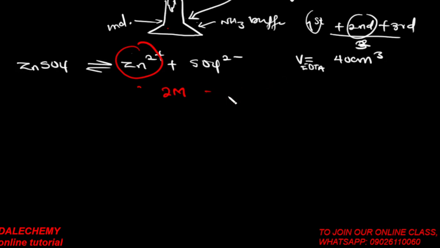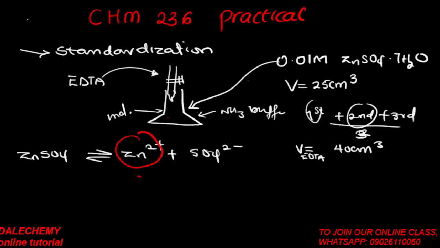Okay, so in that 0.01 molar of zinc sulfate, it means that we have 0.01 mole in 1 dm cubed. Now because our volume was measured in cm cubed, we are going to turn this dm cube to cm cube, and 1 dm cube is actually 1000 cm cube.